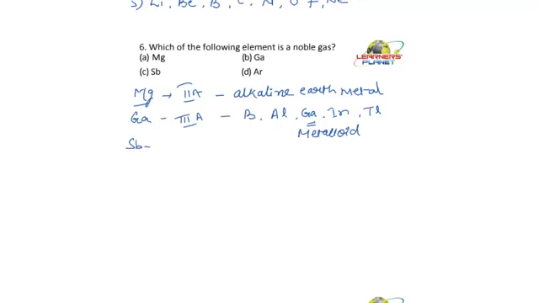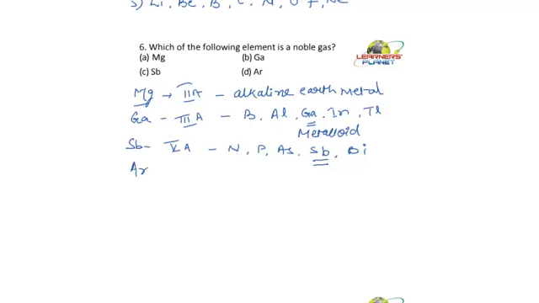Then is Sb, that is antimony. Where is it? It belongs to the 5th A group, right? And it is nitrogen, phosphorus, arsenic, antimony and bismuth. It is a metalloid, right?